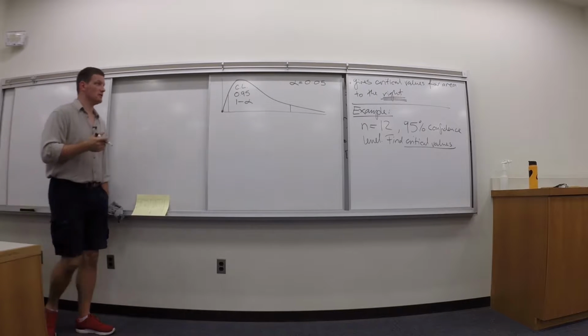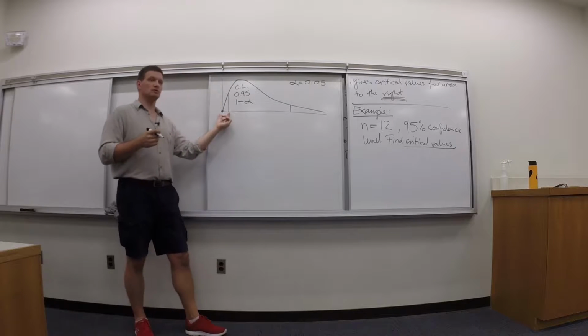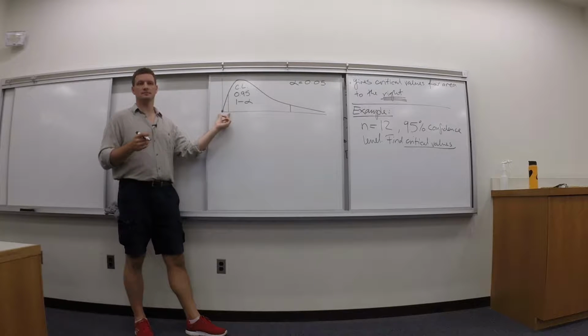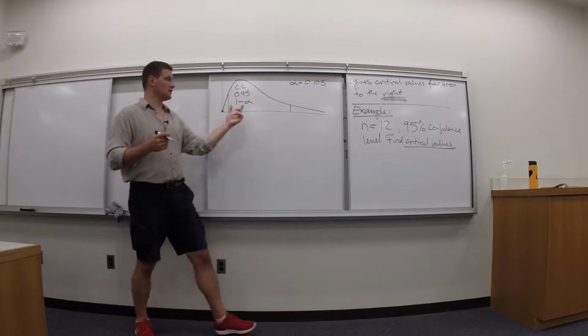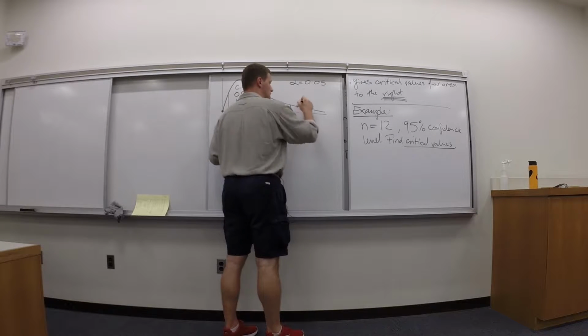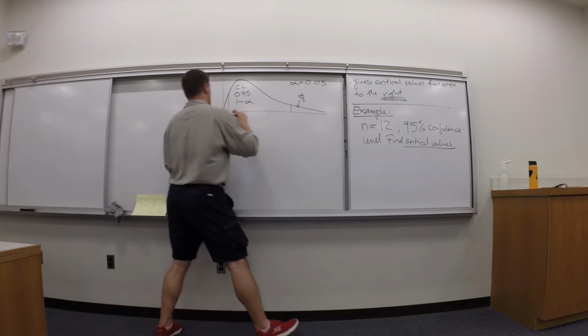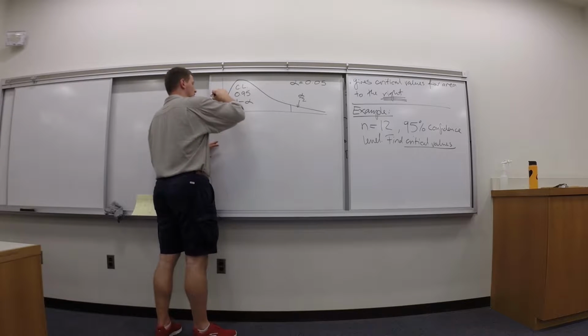So if alpha is this section, this little part is alpha over 2, and this little part is alpha over 2.